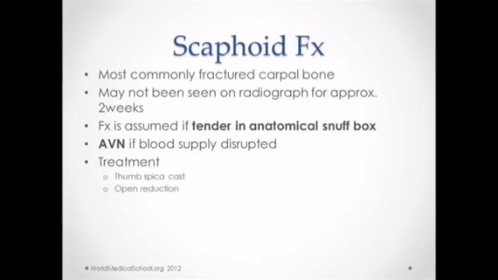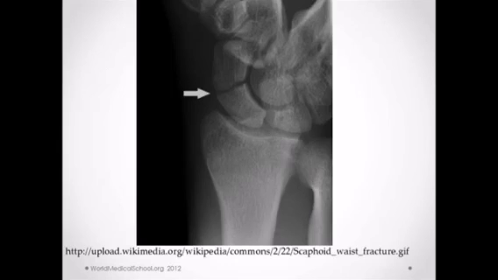Avascular necrosis, or AVN, can ensue if the blood supply has been disrupted. That's important to remember with scaphoid fractures. Treatment includes a thumb spica cast and open reduction. This is an image showing a radiograph of a scaphoid fracture.